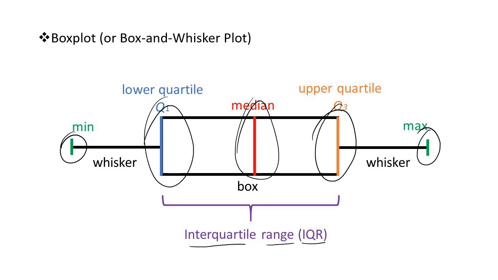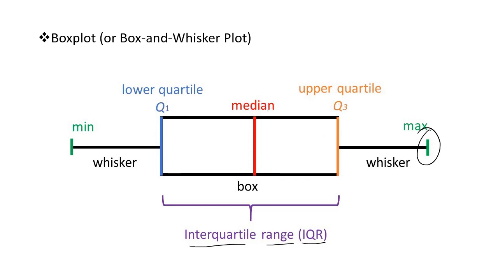The only thing I don't like about this picture is that this would show a very symmetric distribution. All the distances are the same. So typically when you see these box plots, they'll look more like this.